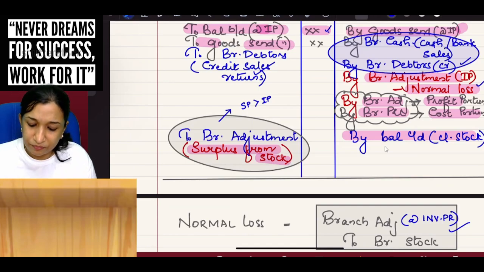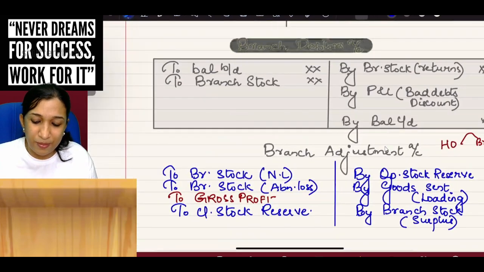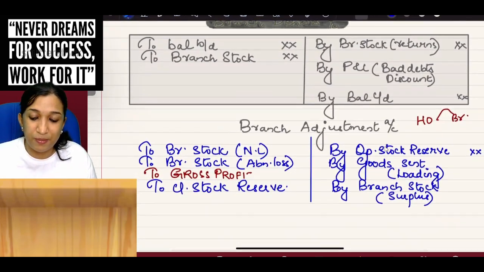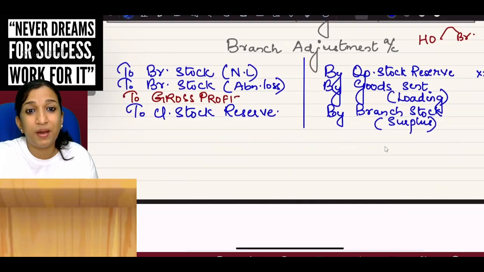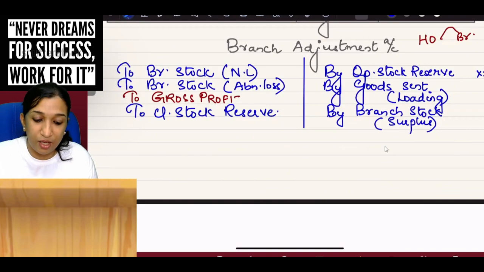Okay, agreed. Now what will come in the branch adjustment account? Only after preparing the branch stock account, open the branch adjustment account.